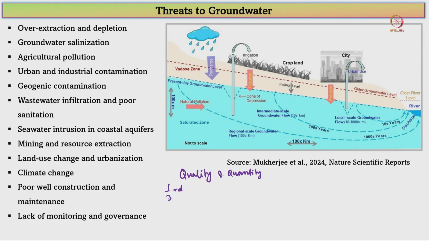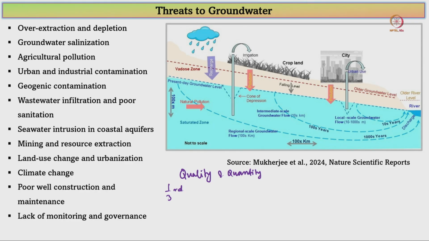So, we as a country are hugely dependent on the groundwater system for our municipal works, for our agriculture, for our industry, for every kind of water. We are heavily dependent on groundwater.